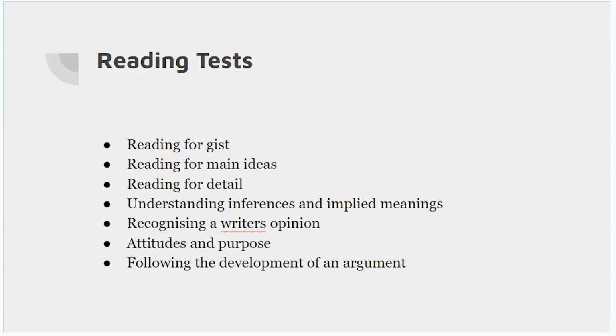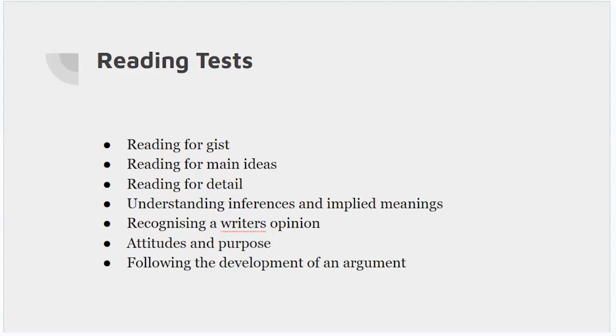Also, the writer may try to imply his own meaning into the passage or the topic. So just have clarity about what each one is about. The next one is attitudes and purpose.